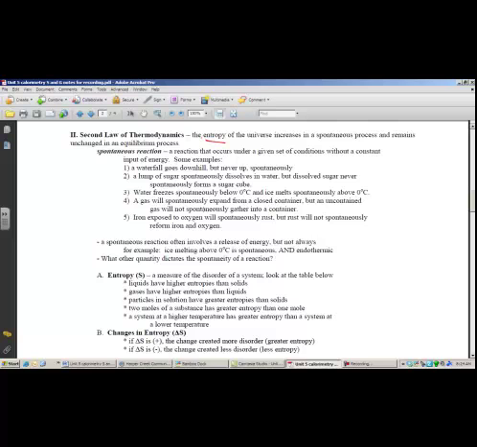All of these are what we call spontaneous reactions, where it turns out that a lot of it has to do with what we call entropy. And entropy sort of takes you towards an increase in entropy, or if you have more disorder, then you have a positive change in entropy, or delta S.